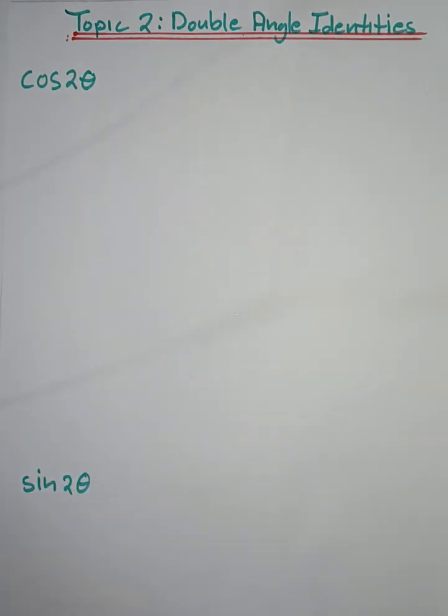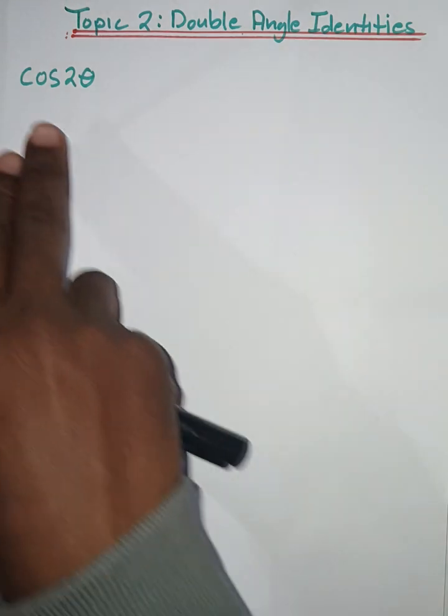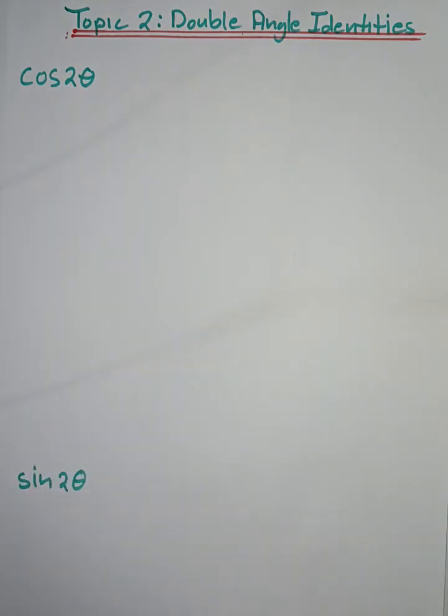So the way this proof goes, if you remember on our last session on the practice section for the combined angle identities, we did something similar to that, but instead of theta in this case, it was a. Now the way this proof goes is that we prove it using the compound angle identities.